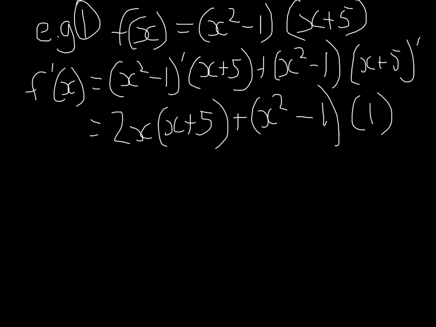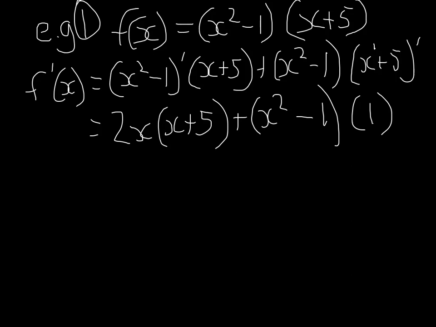Because when you derive the function x plus 5, you get, obviously there's a 1 above the x, so it's 1 times x, and then you take away 1 power from the power, and you are left with 1. And obviously because 5 doesn't have anything there, it disappears.